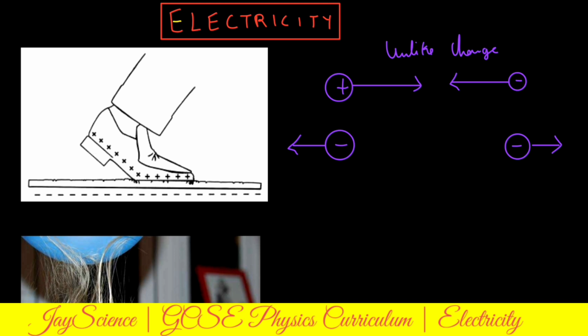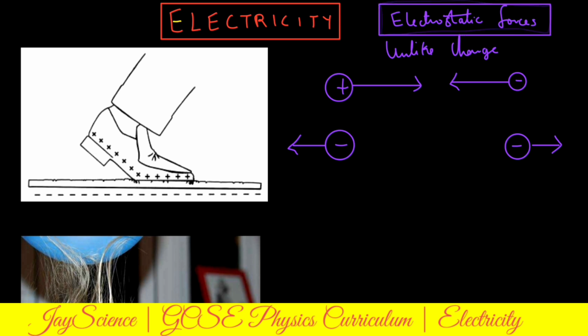This whole thing, we term electrostatic forces. They are non-contact forces; it's not a must for the two charges to touch each other. The main thing is once they're in each other's field, the effect will be felt.